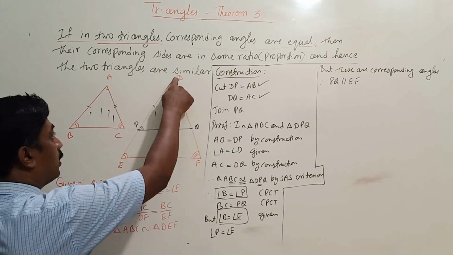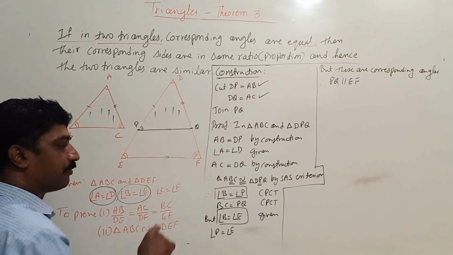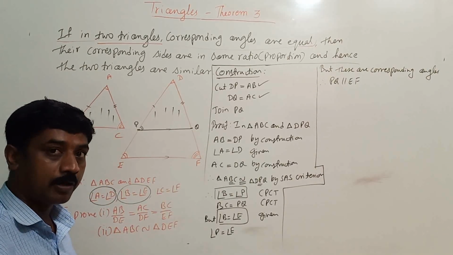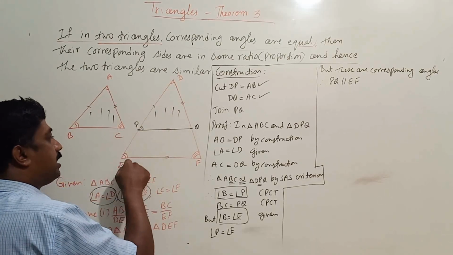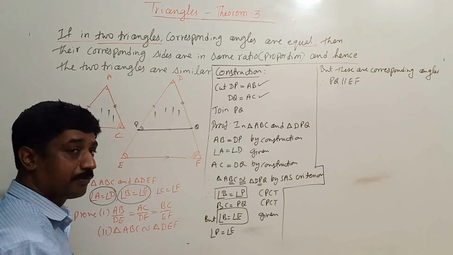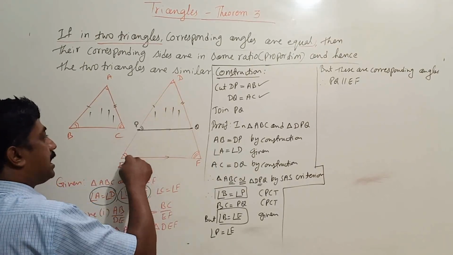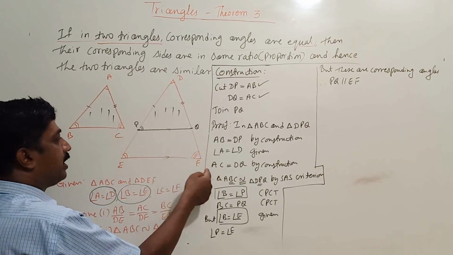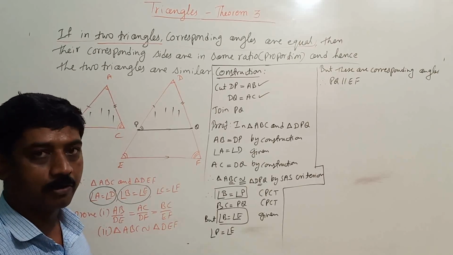Corollary 1: DP by DE is equal to DQ by DF. Corollary 2: PE by DE is equal to QF by DF. Corollary 3: DP by DE is equal to DQ by DF is equal to PQ by EF. This third corollary we need.